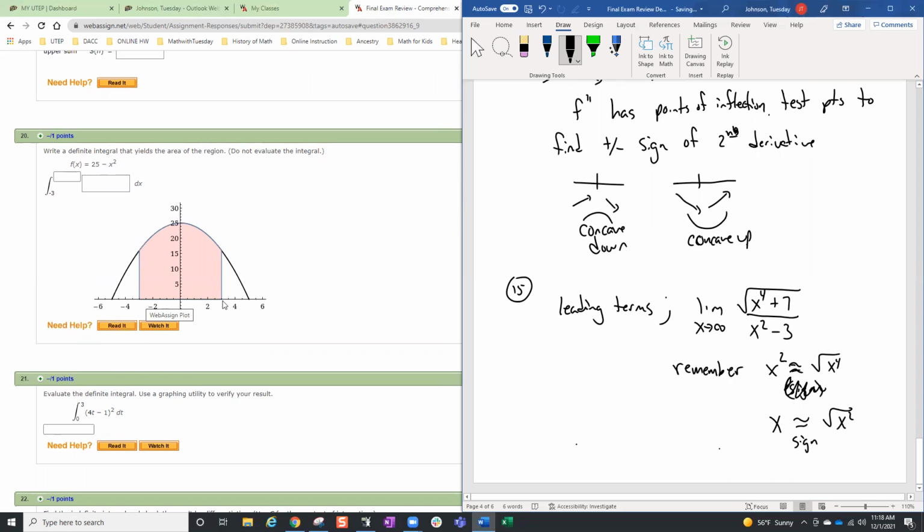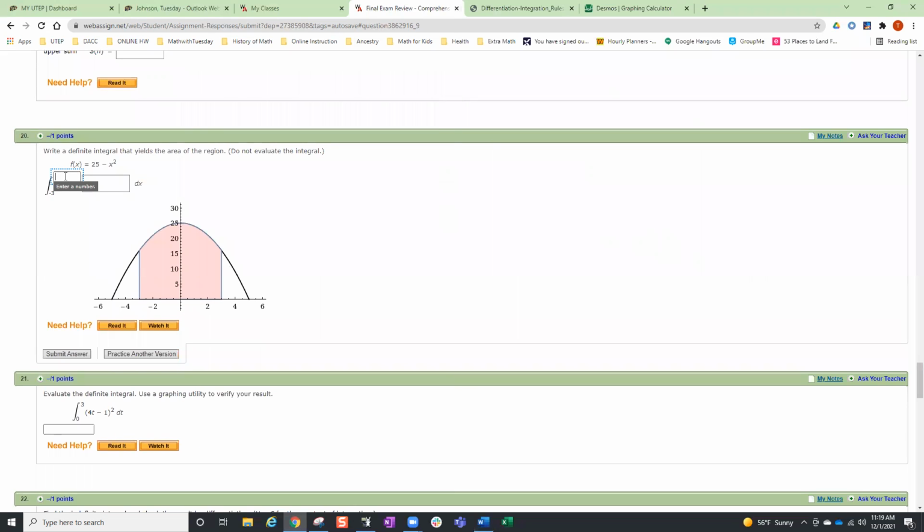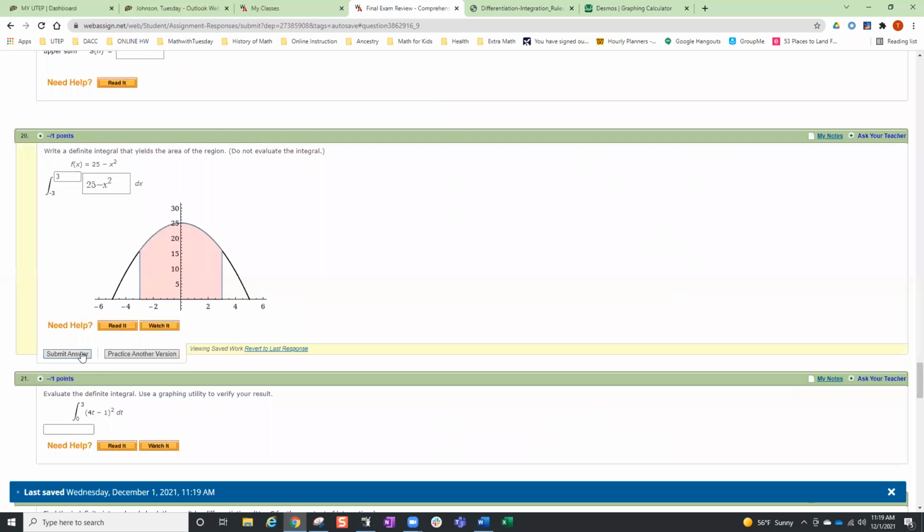It's from -3 to +3. What's our function? Our function is given to us right here. You know what it means to find an area under the graph of a function above the x-axis between the two values. You know how to fill this in.